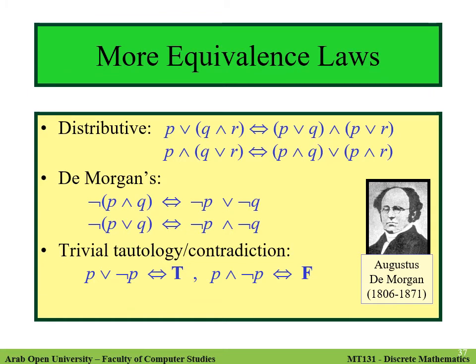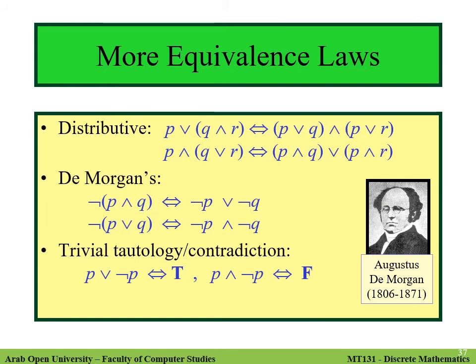De Morgan law we can use to write the negation for the AND statement and for the OR statement. The first De Morgan law, not (P and Q) is equivalent to not P or not Q. Notice here we apply the negation for each proposition, and the AND turns into OR. The second De Morgan law, we can write the negation for the OR operation.